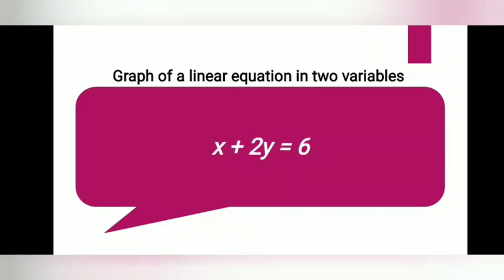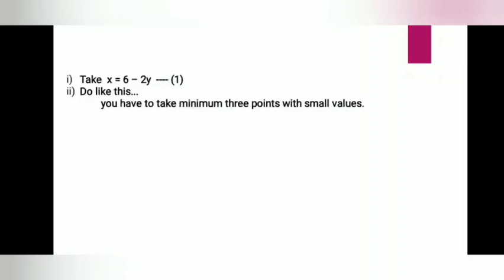It may be p and q, it may be x and z, it may be a and b. Now see the screen. x equal to 6 minus 2y. From the above equation we can get this, just by changing the side of the terms.